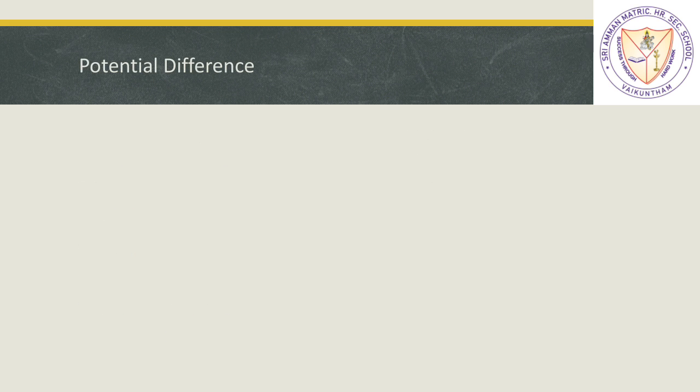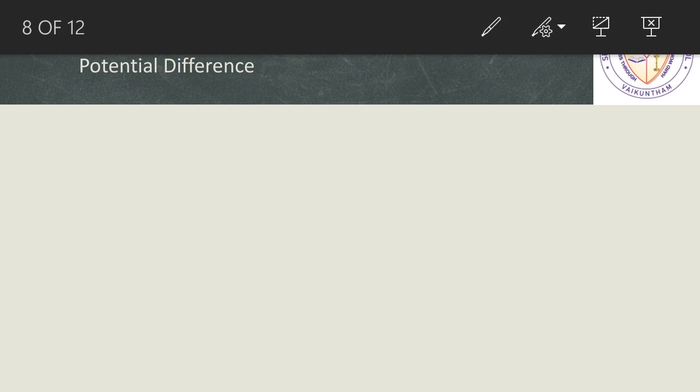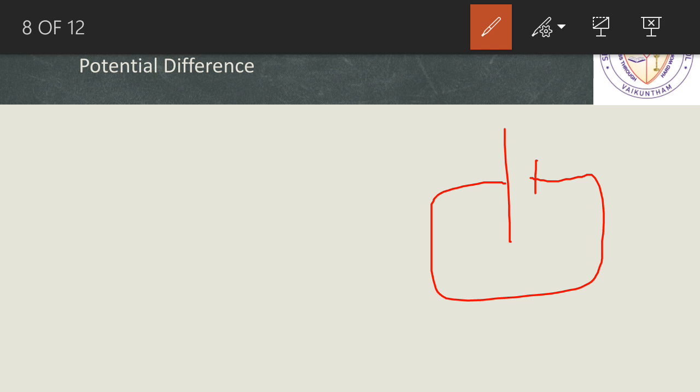Whenever we connect a circuit, we will not connect one terminal of the battery to the other terminal, right? Never do we do this. Like, this is a cell, positive and negative are there. We won't connect them directly.